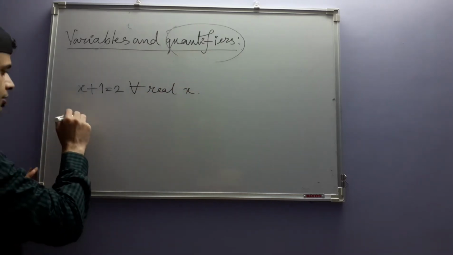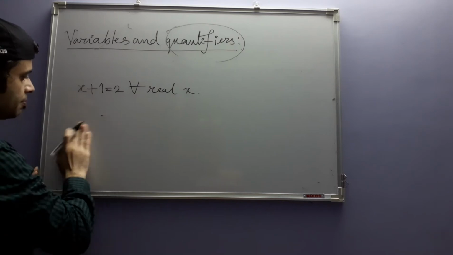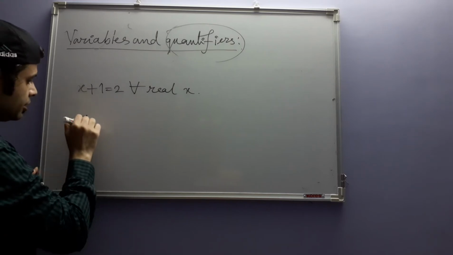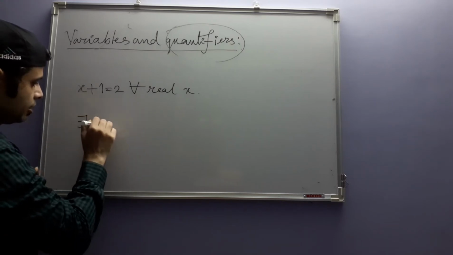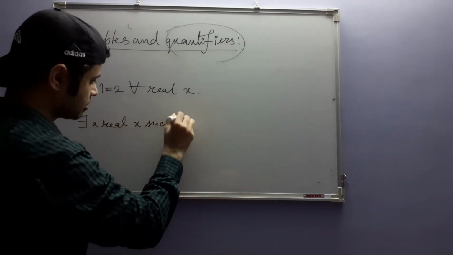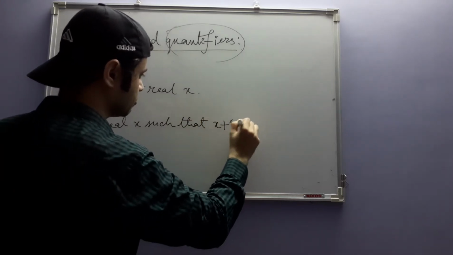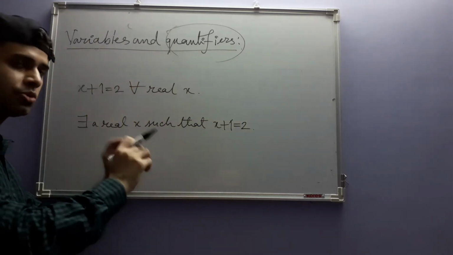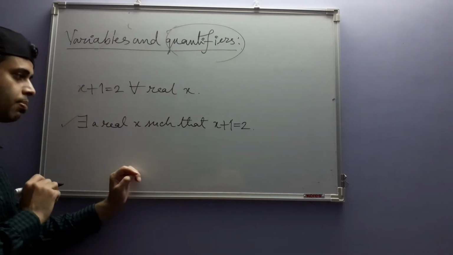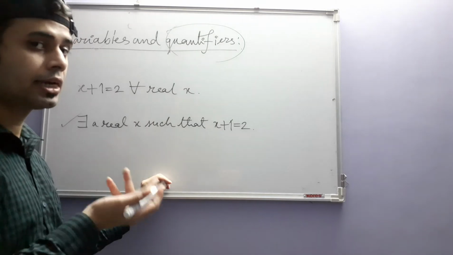Let's look at the other one. There exists a real x such that x plus 1 is equal to 2. Suppose someone wants to prove this, or I want to prove this. What shall I do?